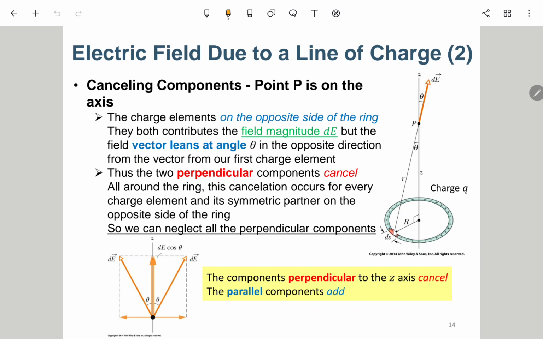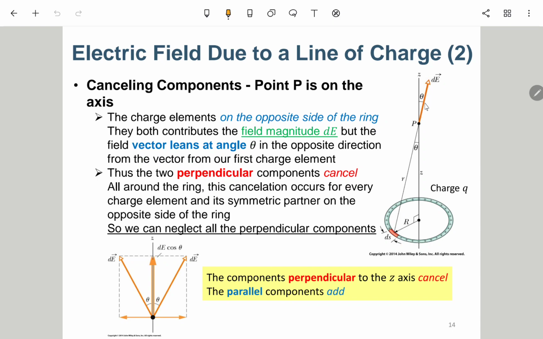For example, here we have ds, and then the E field we are concerned with at point P. Suppose this ring has a positive charge Q. When we connect this small element with point P, we know that this is positive charge, so dE points somehow to the top right.